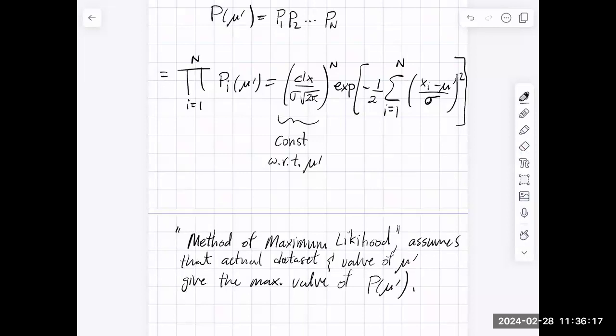Okay, so how do you maximize functions? You take a derivative and do what? So you set it equal to 0. So we're going to try to find the value of mu prime that maximizes this probability. So we're going to take the derivative of p of mu prime, set it equal to 0 and solve for mu prime.